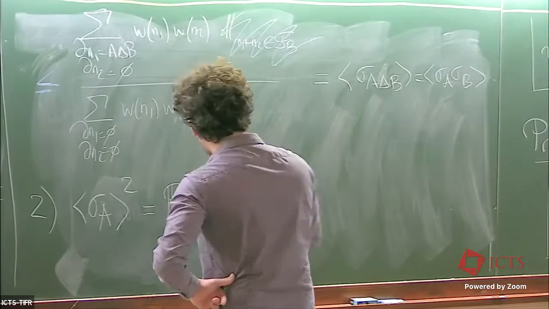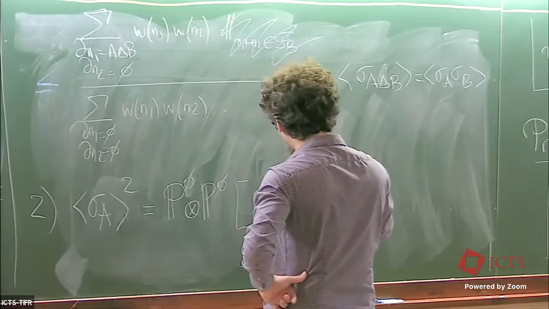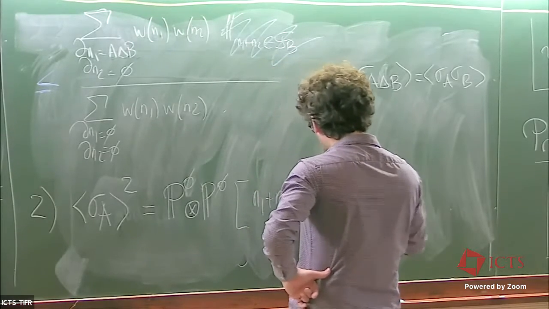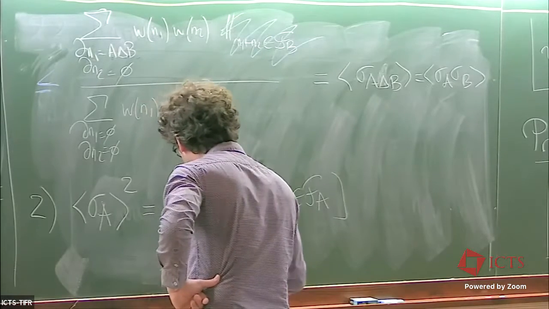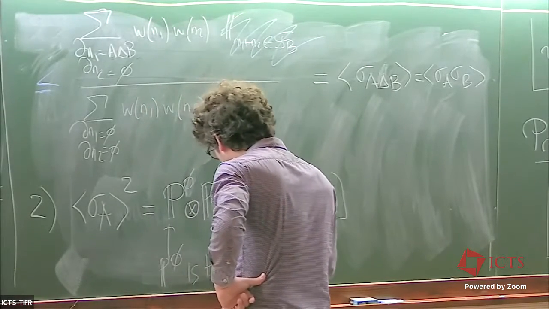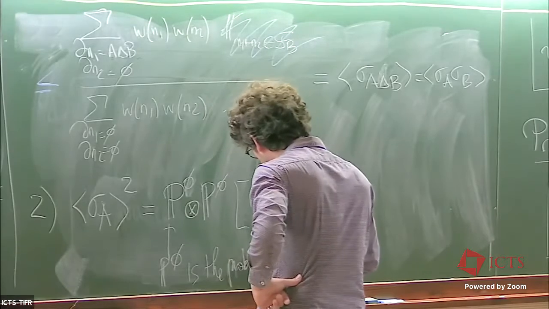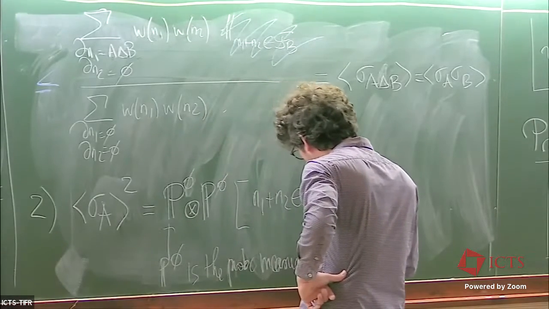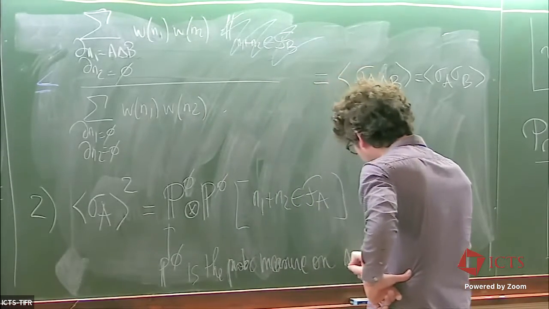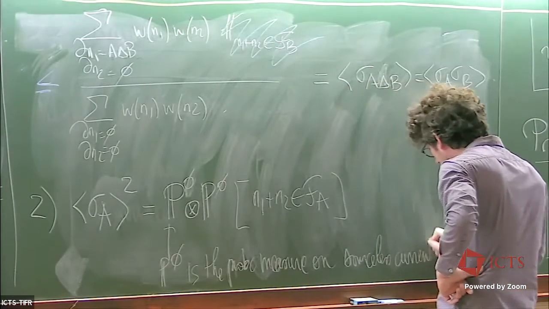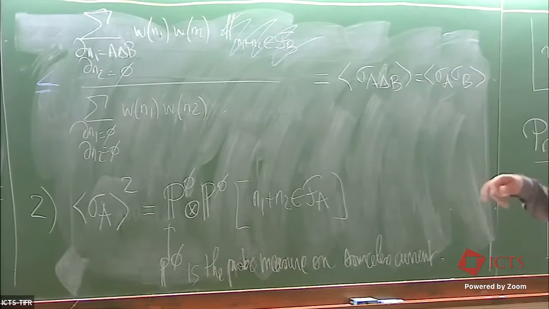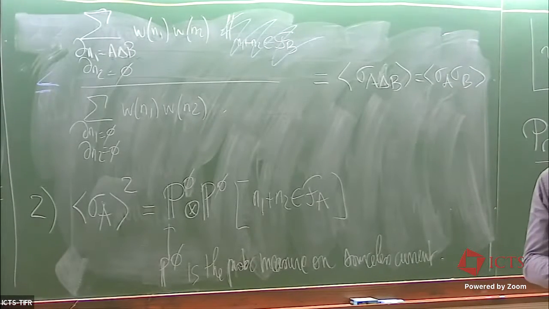I'm going to explain this notation that N1 plus N2 is in FA, where this is what? T empty set is the probability measure on sourceless currents, which gives probability proportional to the weight to each current.